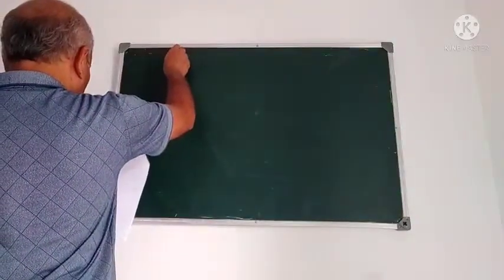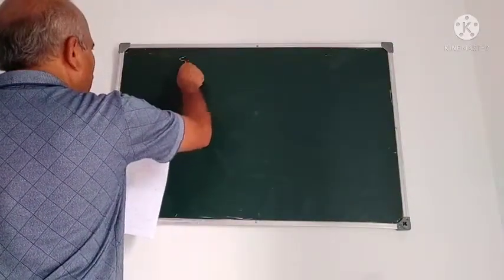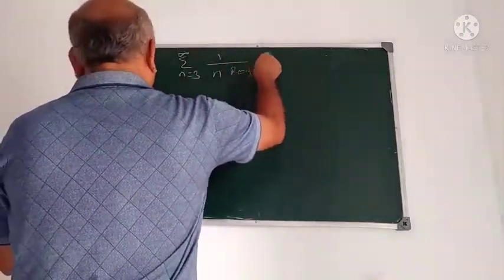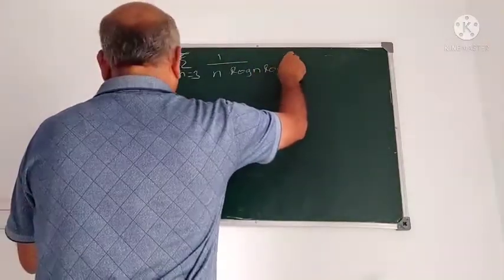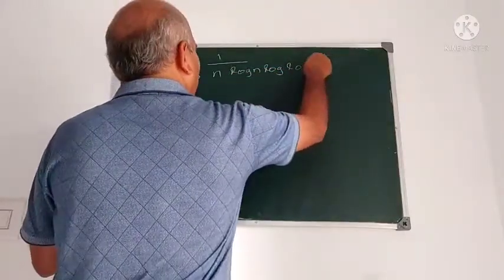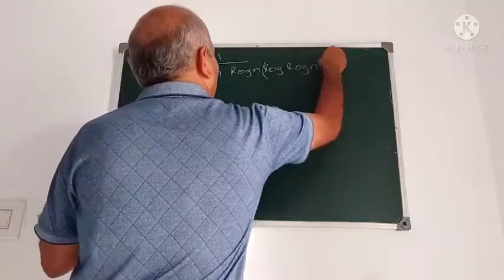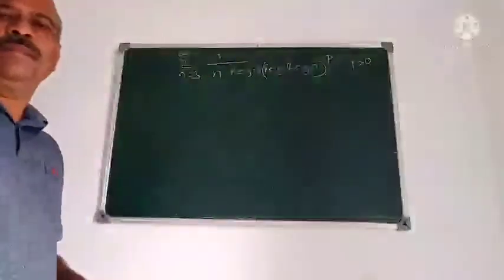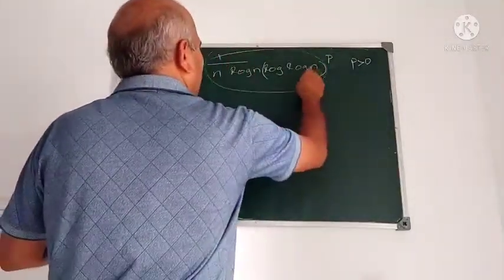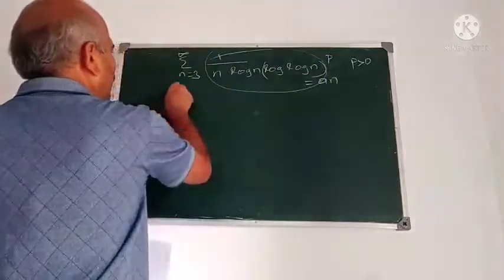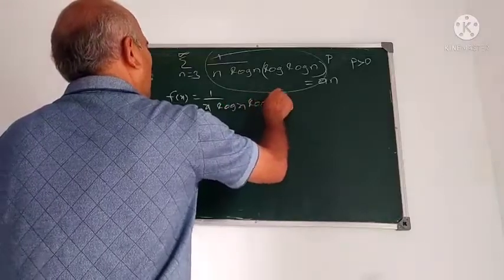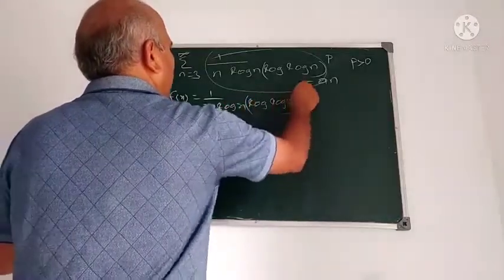Apply Cauchy's integral test to test the convergence of the sum from n equals 3 to infinity of 1 upon n log n into log of log n raised to p, where p is greater than 0. Now, this is a_n, and therefore f of x is 1 upon x log x (log of log x) raised to p.